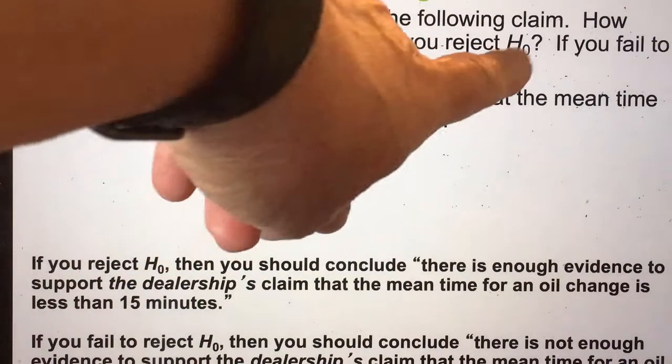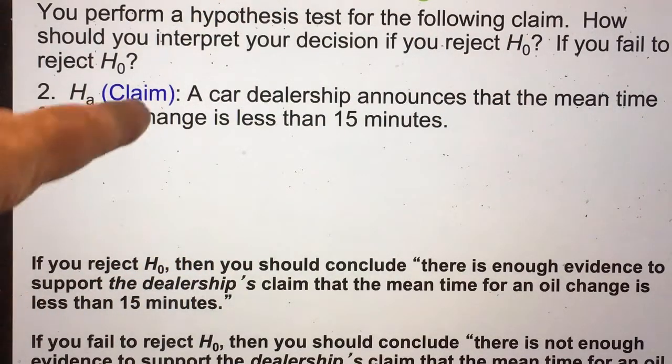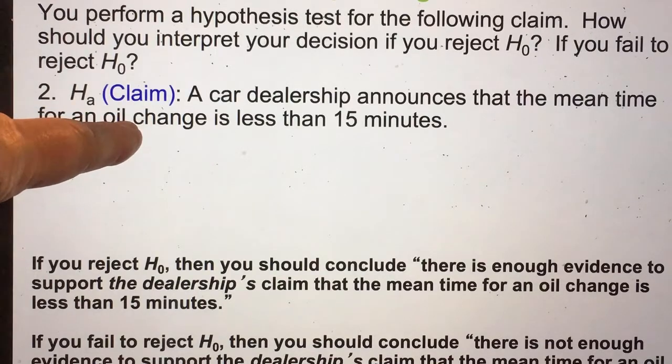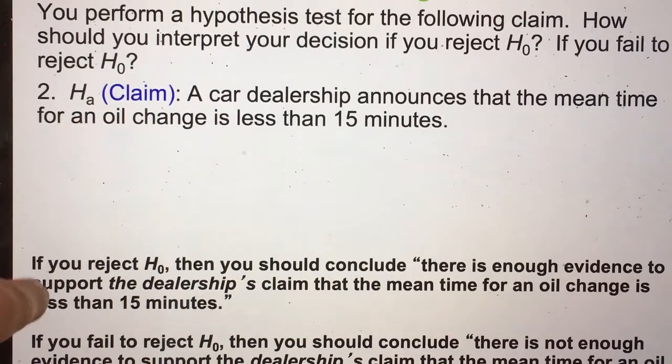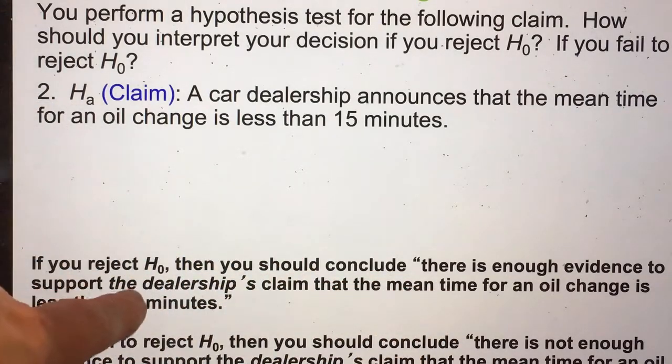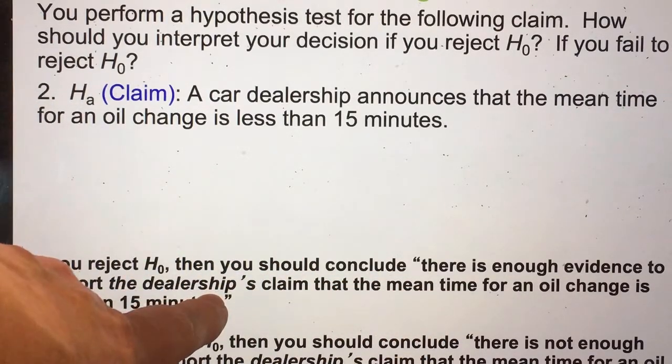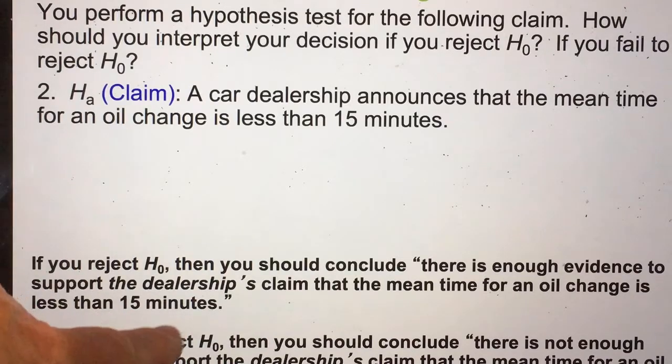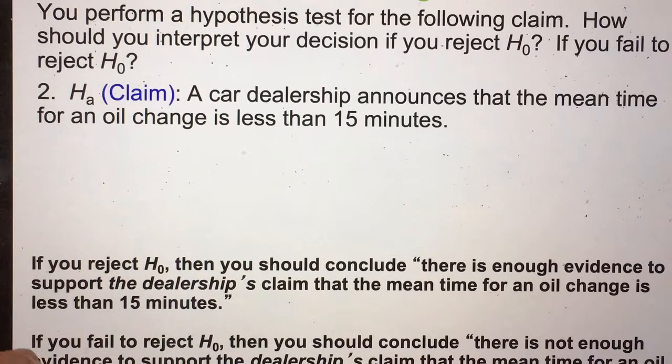If we reject the H sub O, then our claim is seeming to be good. If we reject the H sub O, then you would conclude there is enough evidence to support the dealership's claim that the mean time for an oil change is less than 15 minutes. If we fail to reject, then you would conclude there is not enough evidence to support the dealership's claim.